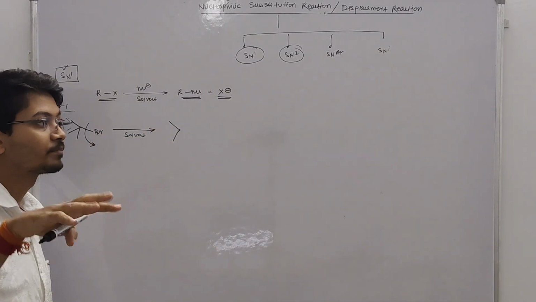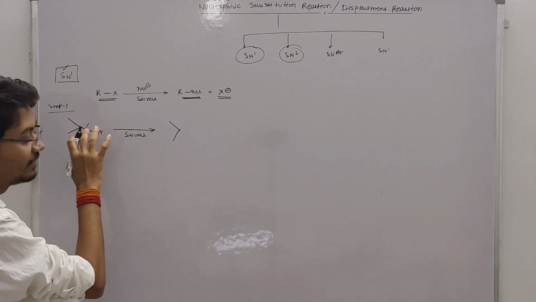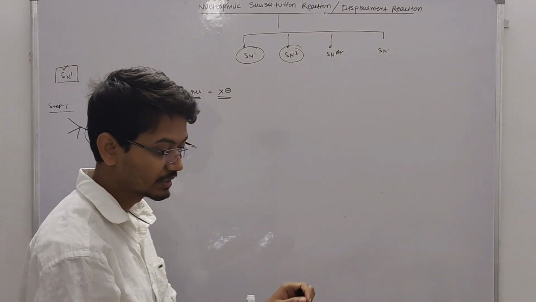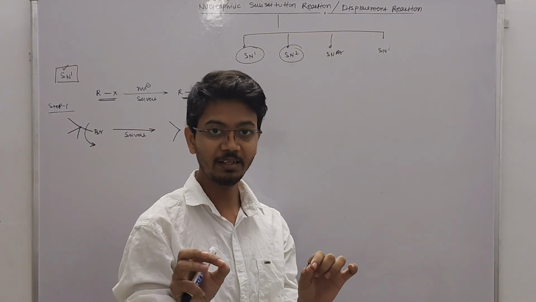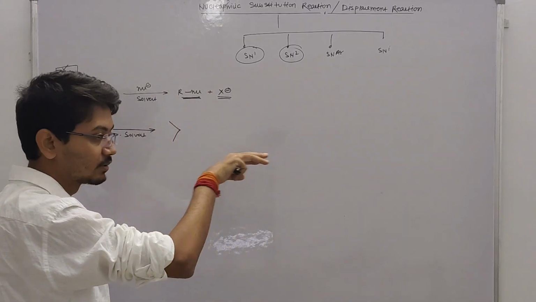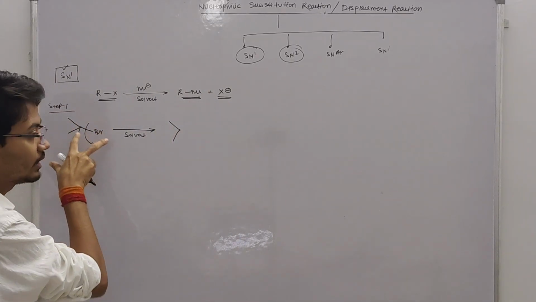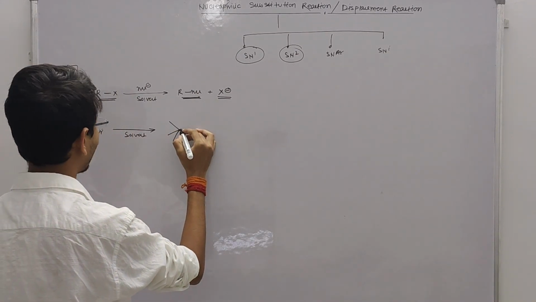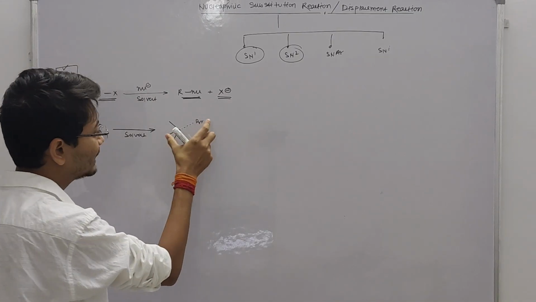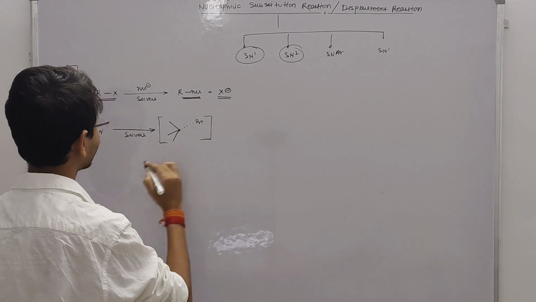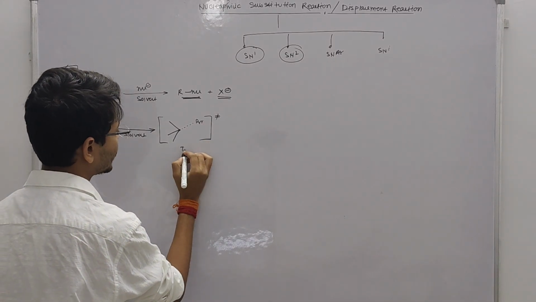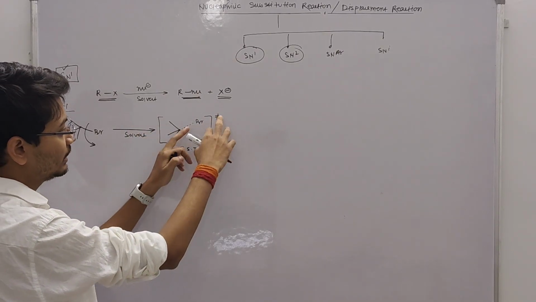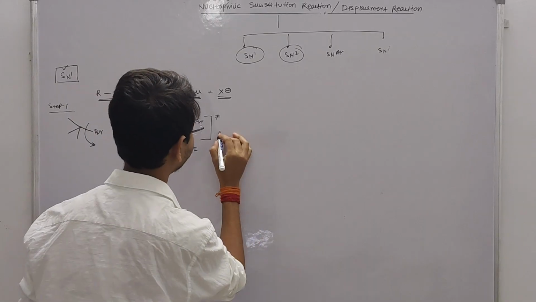As the bromine is leaving, this C-Br bond is weakening, becoming very weak, so we can represent this bond like this, cleaving. This is nothing but your transition state 1. We represent the transition state in square brackets, and this sign is known as the double dagger sign.